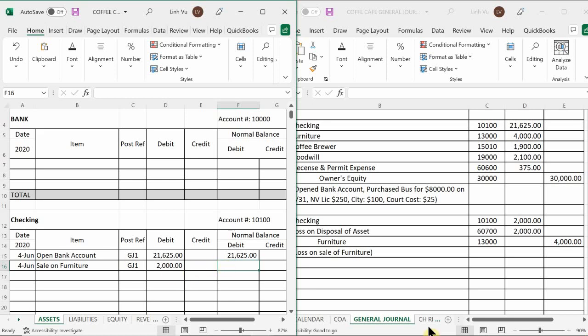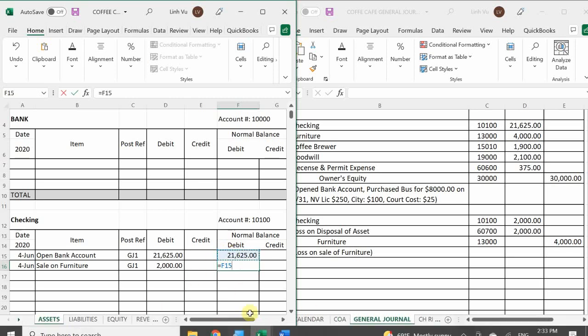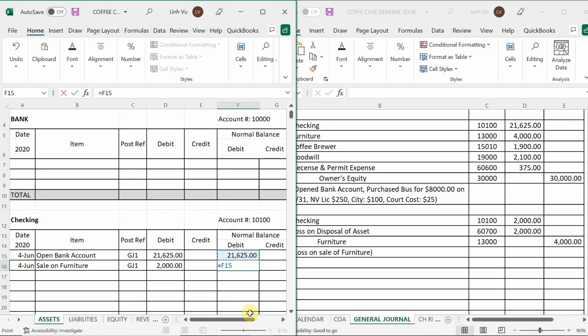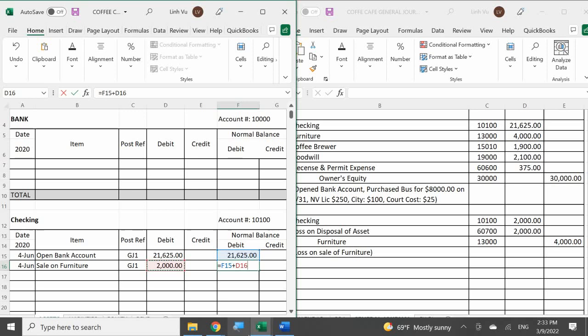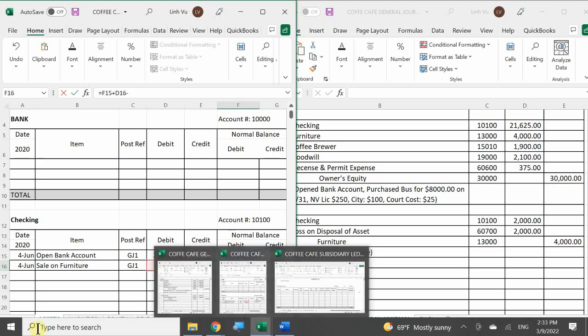When I use Excel, I'm going to use equal to get my formula started. I'm going to click one up, so the previous balance of $21,625. I'm going to add any debit, so in this case I'm going to add $2,000. But just so I don't have to do this every single time, I'm also going to subtract my total credit.